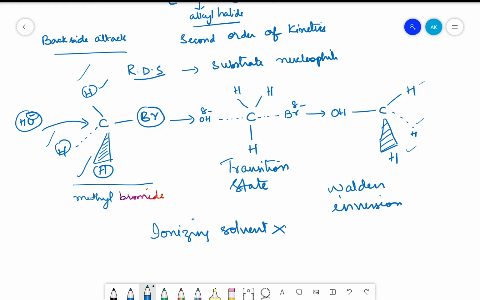And one thing has to be remembered, methyl bromide is neither tertiary nor primary nor secondary. This is only methyl bromide, CH3Br. This is only an alkyl group or alkyl halide.